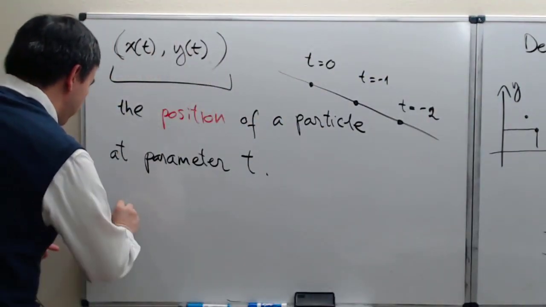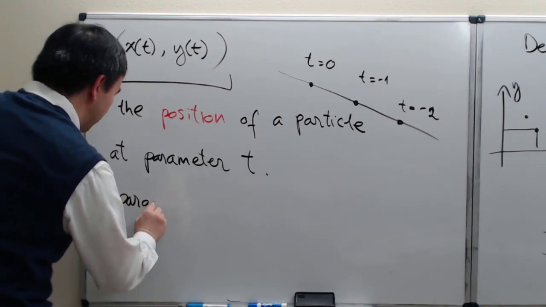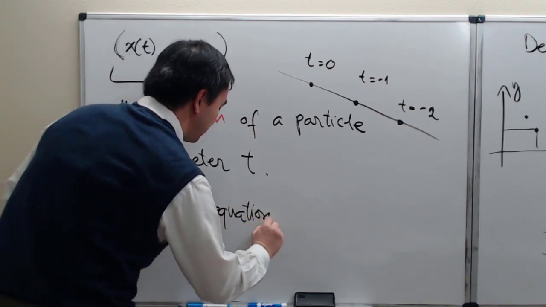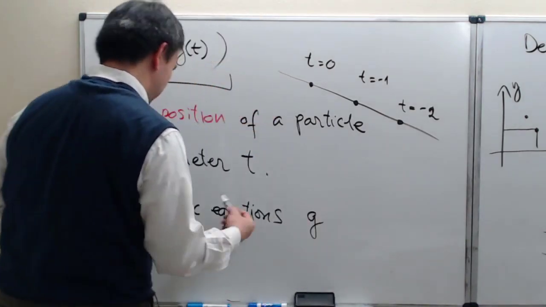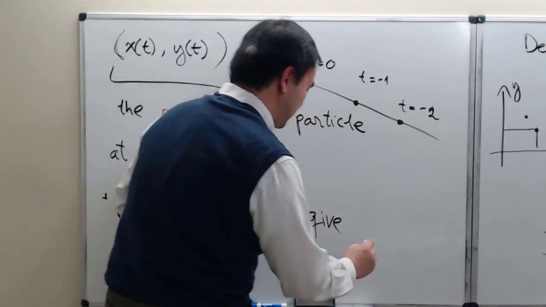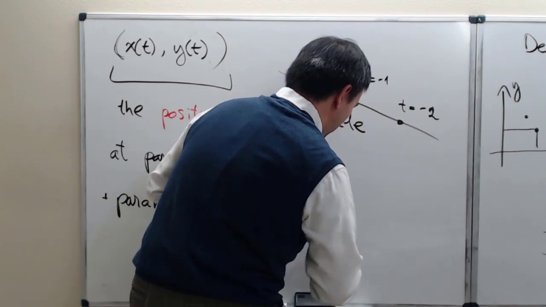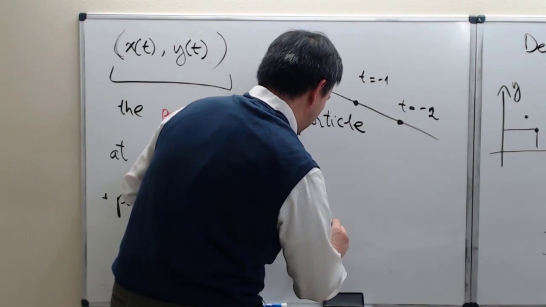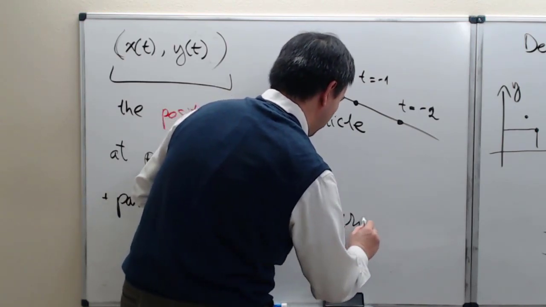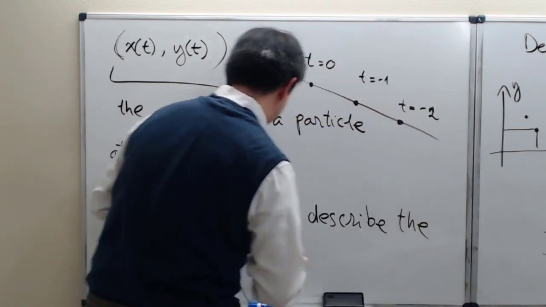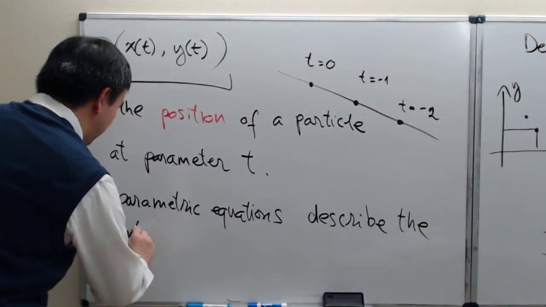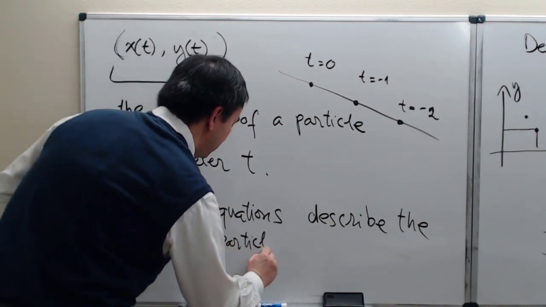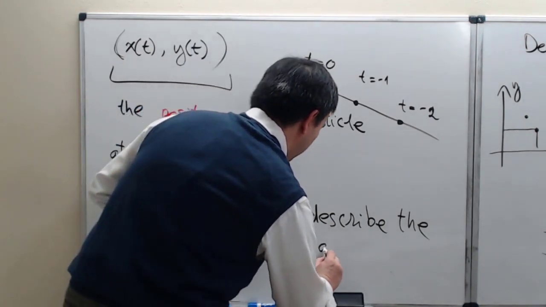Parametric equations, or just a setup of parametric equations, describe the motion of a particle on a path.